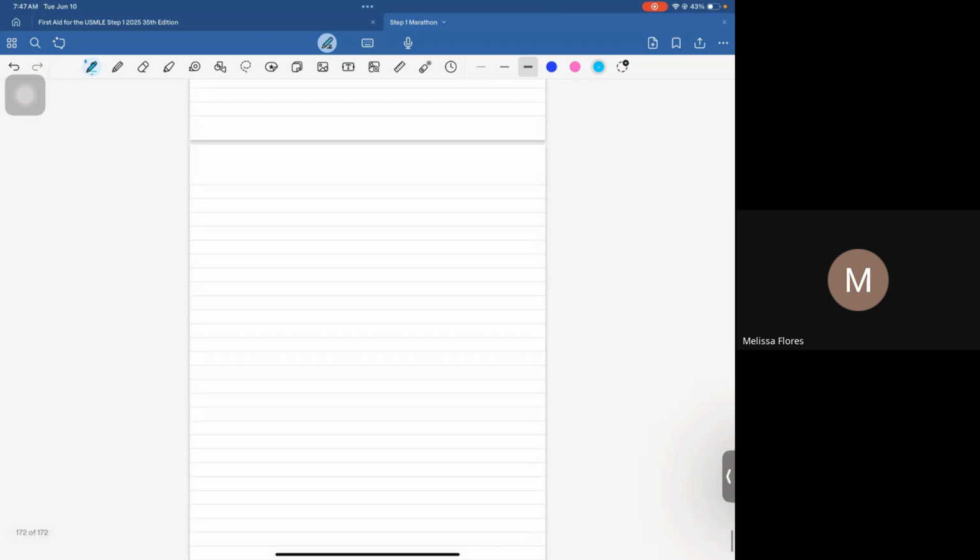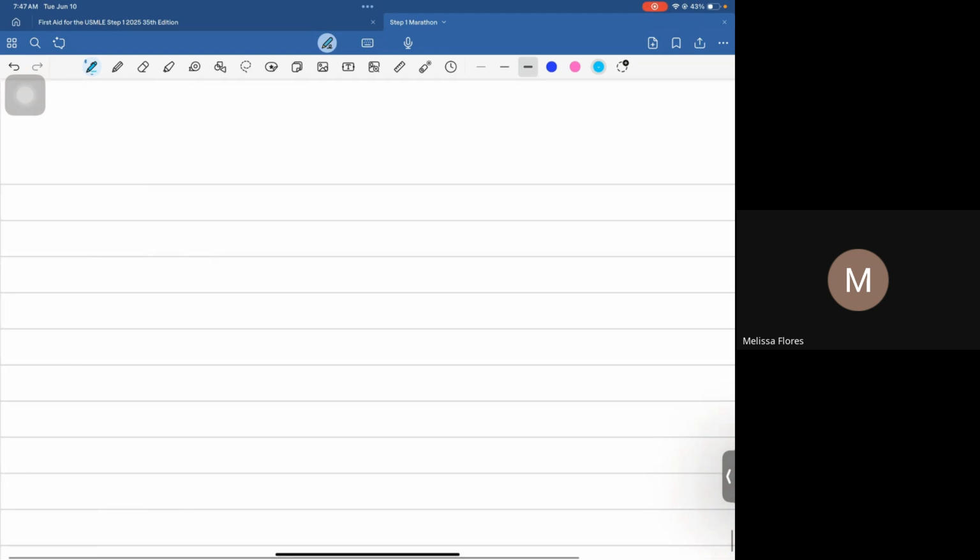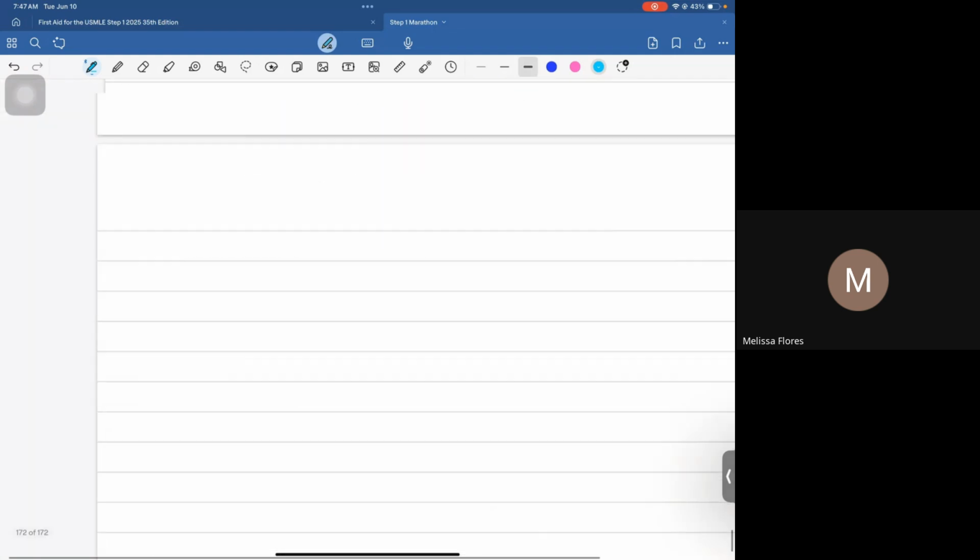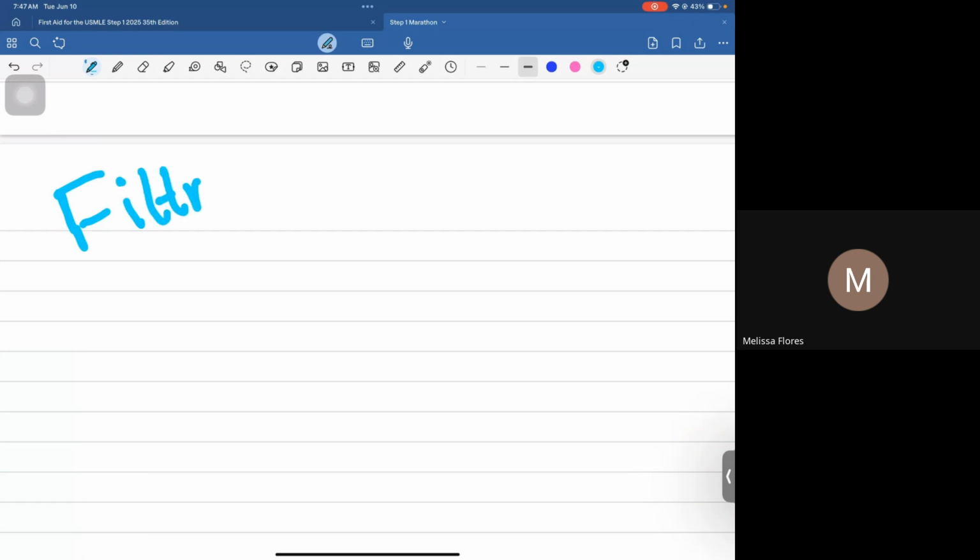The topic that we left was renal blood flow regulation, right? So now we are gonna start with filtration. We have discussed filtration in detail already.